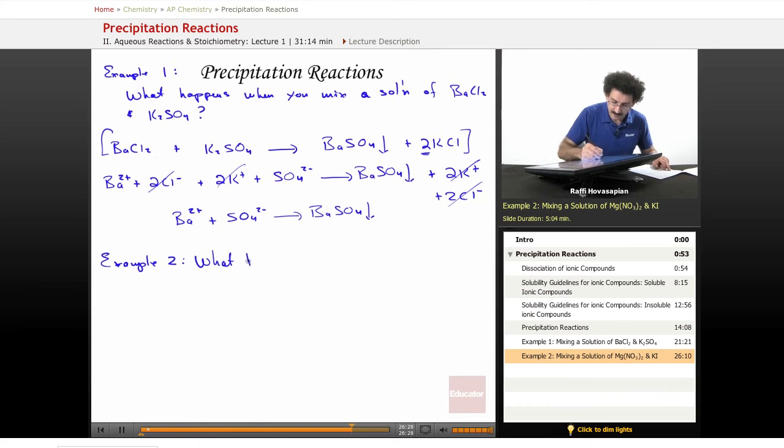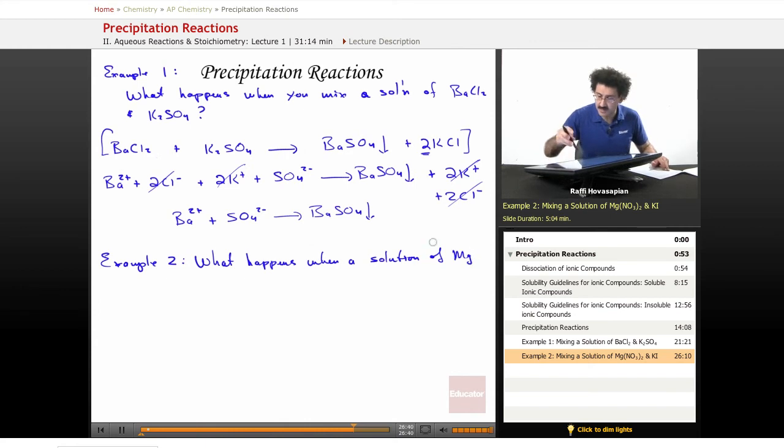What happens when a solution of magnesium nitrate, which is MgNO3, and potassium iodide are mixed?